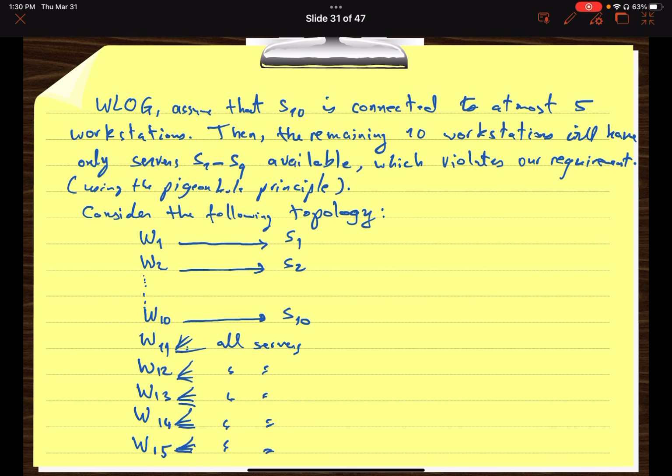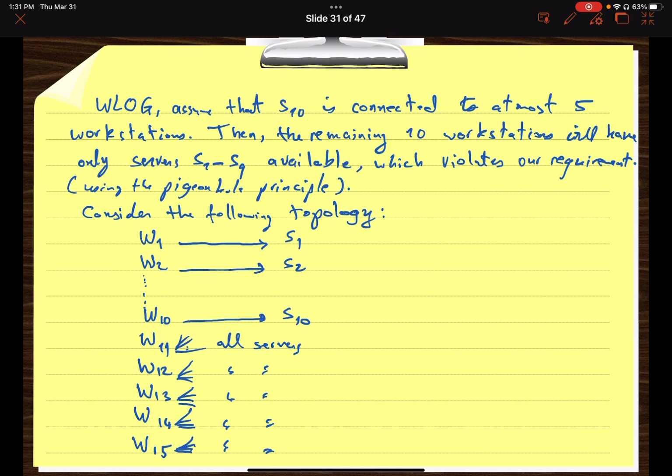I told you, if you give me any solution with only 59 direct connections, we proved that one of these servers, let's say S10, is connected to a maximum of 5.